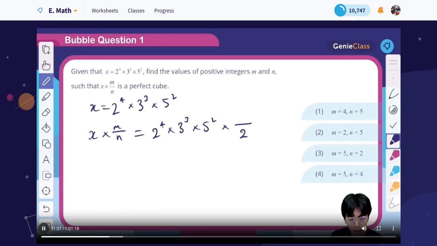Now 5 squared, to make it a cube, we have to multiply by 5. So now we have m equals 5, n equals 2. I would think this is the smallest in this question.